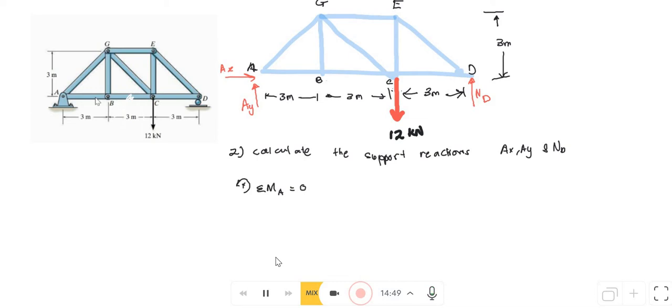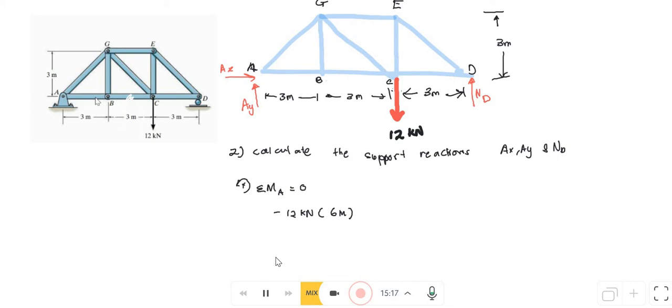What we have here is 12 kilonewton. Because we said that counterclockwise is positive, and about point A, we can see that the 12 kilonewton is clockwise, so it becomes negative, and then times 6 meters.